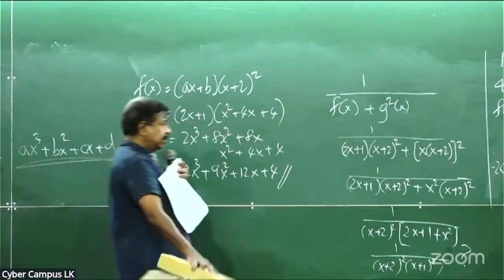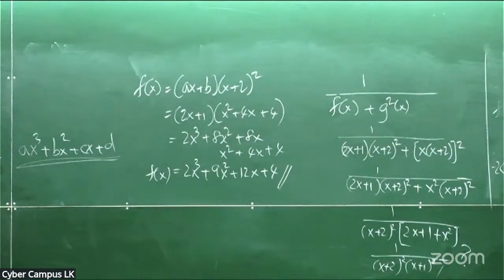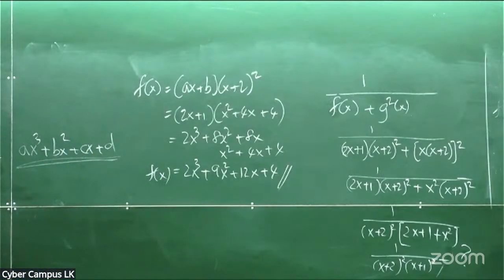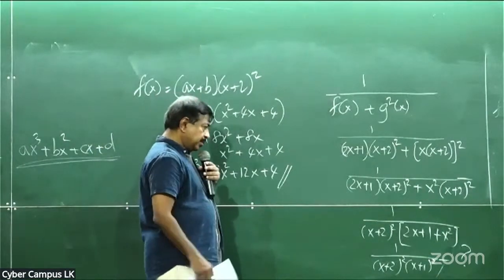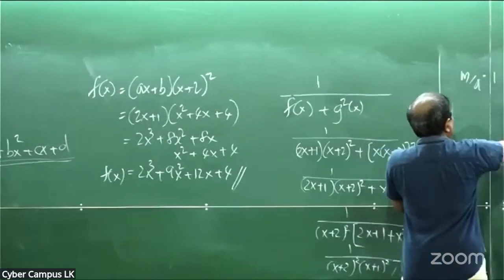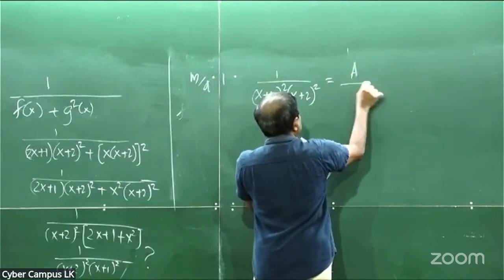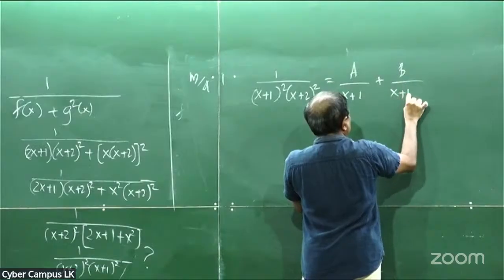So there are two ways of doing it. Now, since you have a square, you have to start from x plus 1 for this.